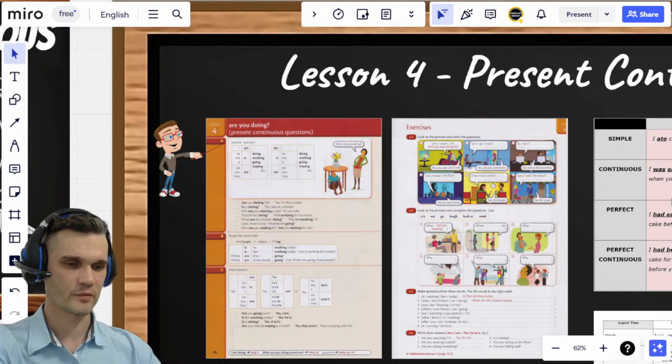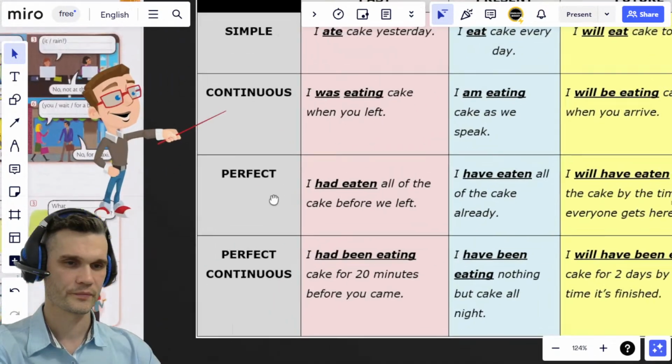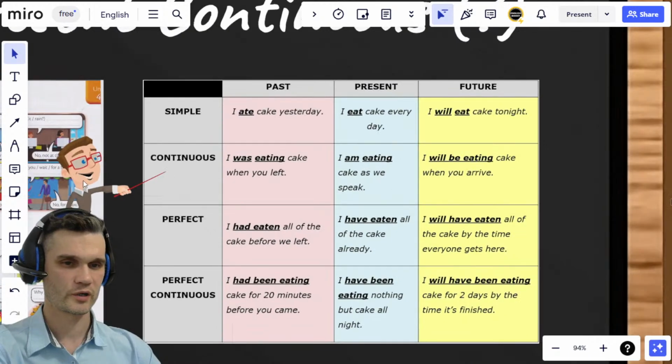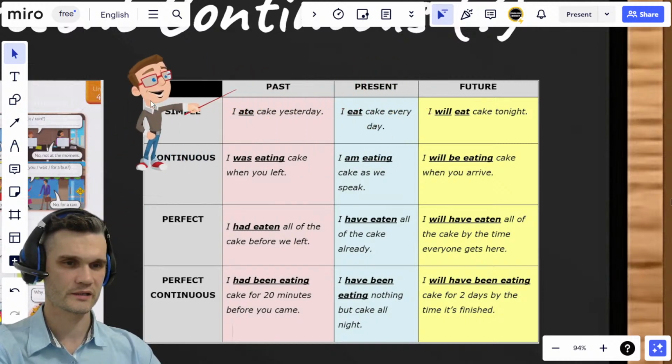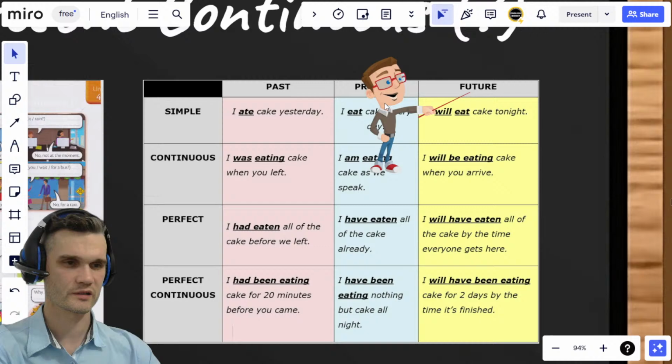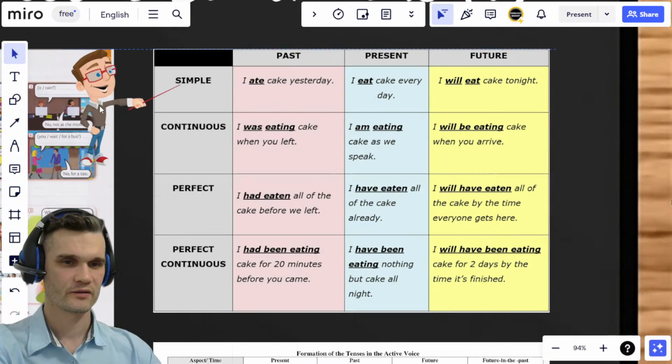And last time I promised to tell you how many tenses there are in the English language. And now we can see. Most of you were told that in English there are 12 grammar tenses. You can see 3 basic tenses, past, present, and future, and 4 aspects, 4 types: simple, continuous, perfect, perfect continuous.